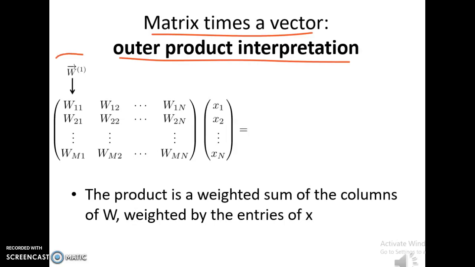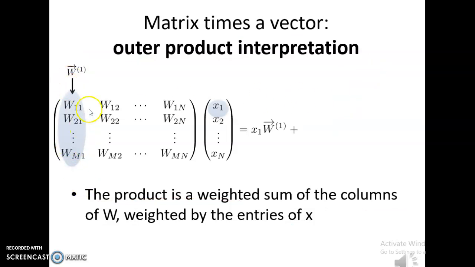Writing w1 for the first column vector of W, the product is a weighted sum of the columns of W, weighted by the entries of x. Like this.